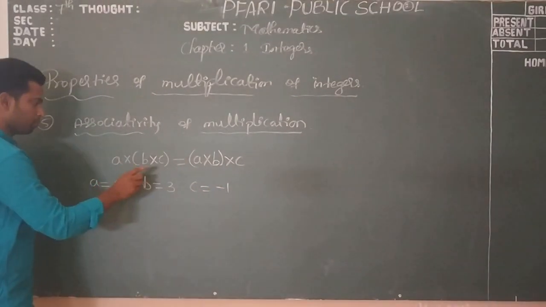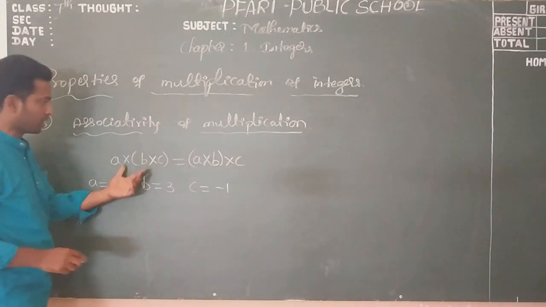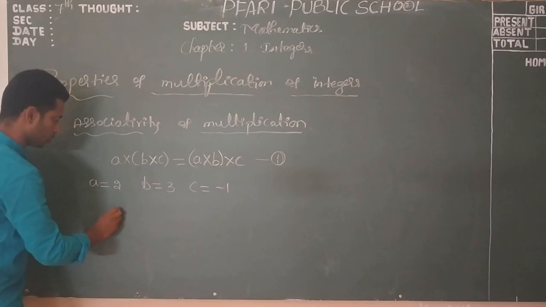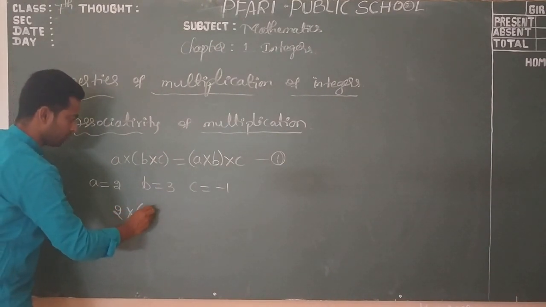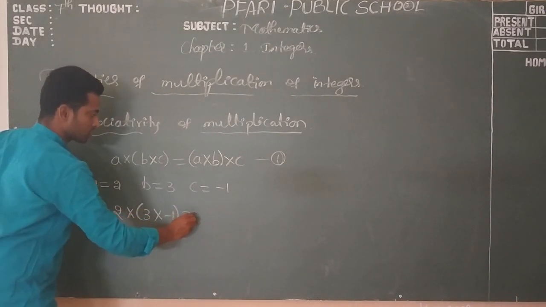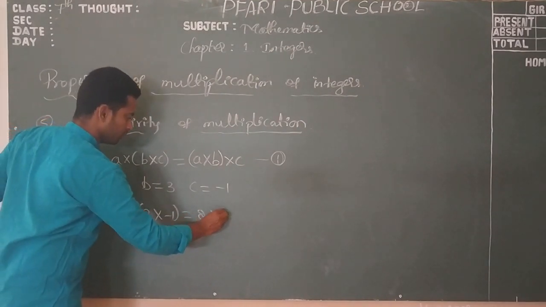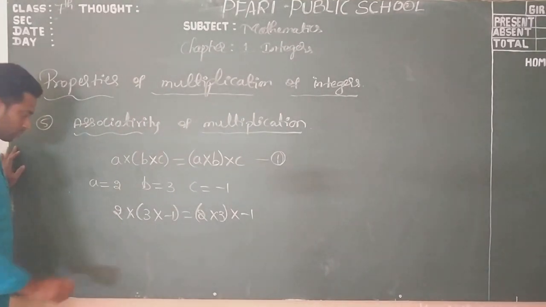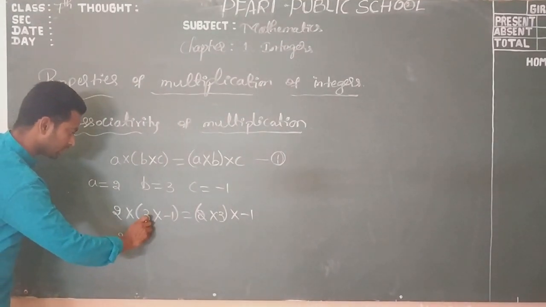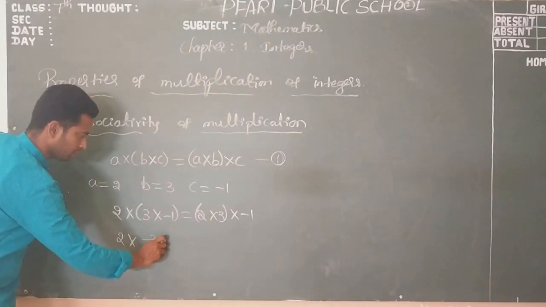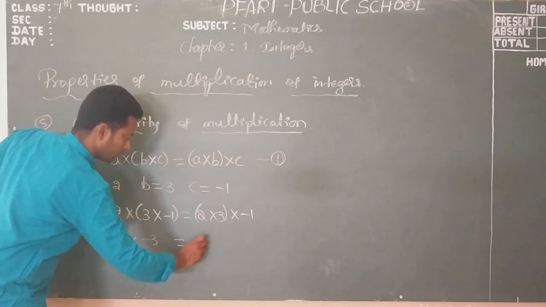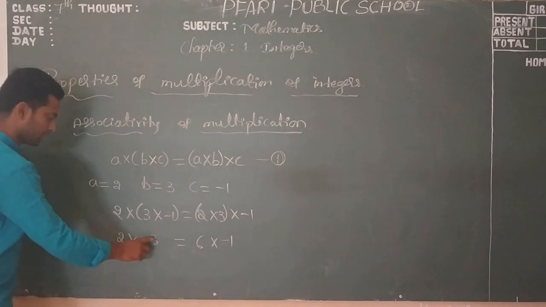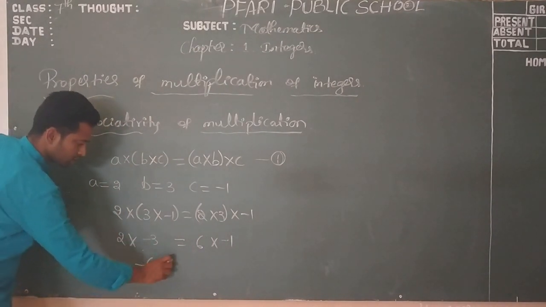By substituting these values in the above equation, a is 2, into b is 3, into c is minus 1, equals 2 into 3 into minus 1. So 2 into 3 into minus 1 is minus 6. Equals 2 into 3 is 6, into minus 1, which is minus 6.